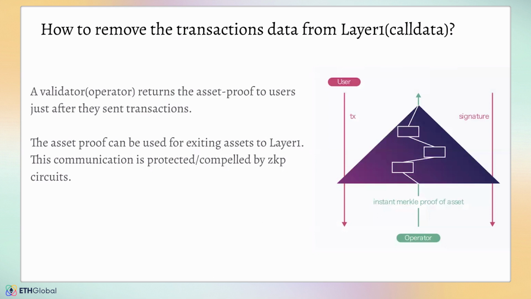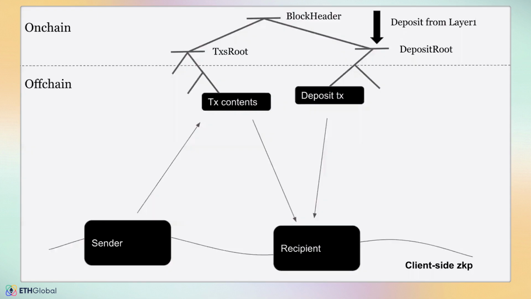There are aggregated lists of transactors in the block header. This is how InMax works statelessly. Only the Merkle root of the many transaction hashes and deposits is recorded in layer 1 as described.